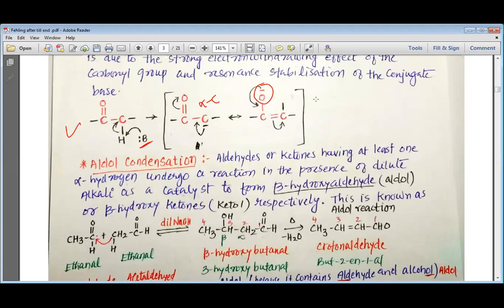The negative charge present on the oxygen, as it combines with the hydrogen, gives you OH, that is your hydroxyl group. At the same time, my dear students, the carbon which is an alpha carbon can attack on another carbonyl group.